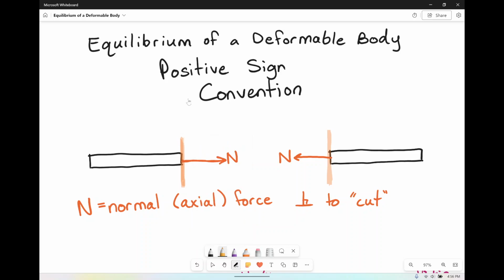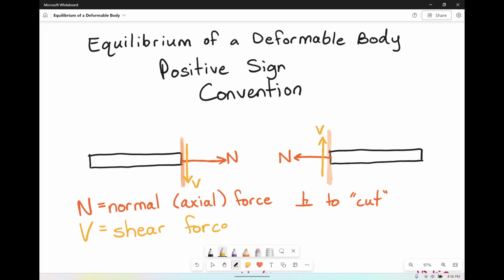Next up, we also have our y direction, and usually we like it to go up, but sadly on the left side, it's going to start by going down. Yes, so down, and it's called V. And then it's going up on the right, and again it's V, and V stands for the shear force. So that's what this is.